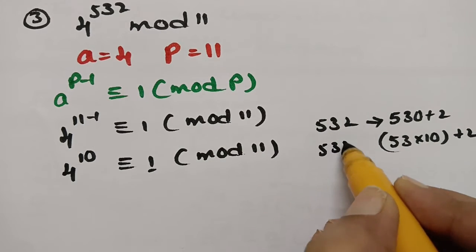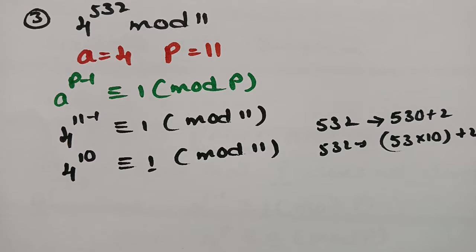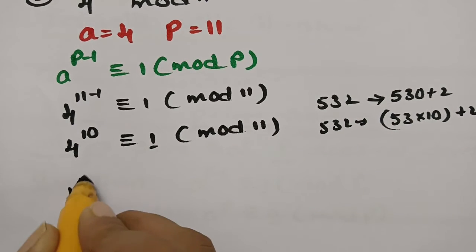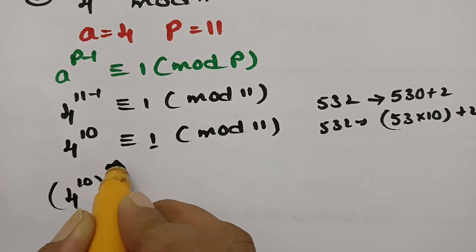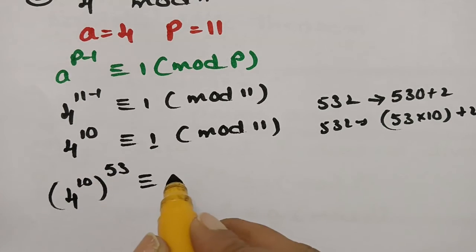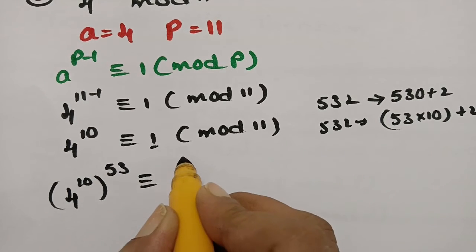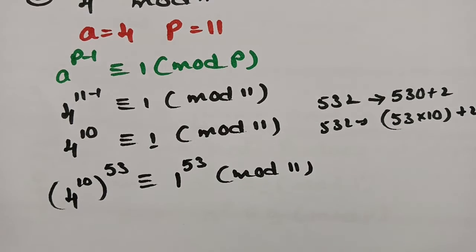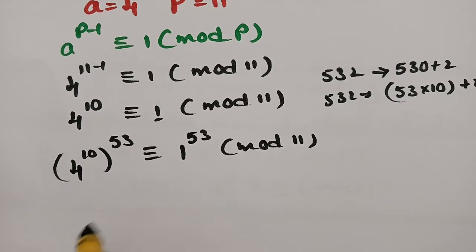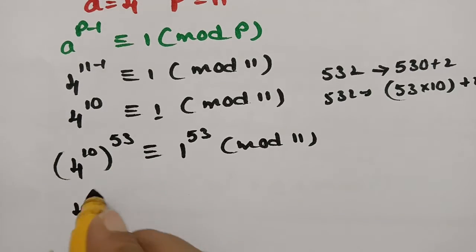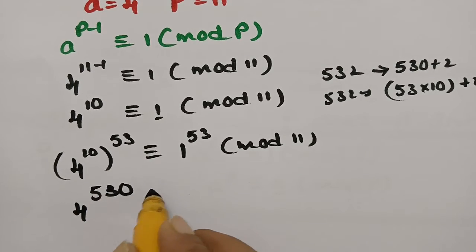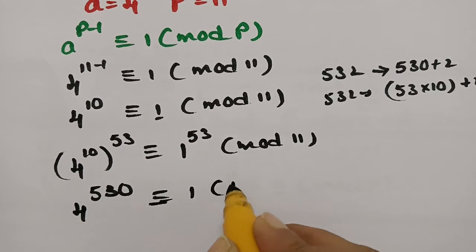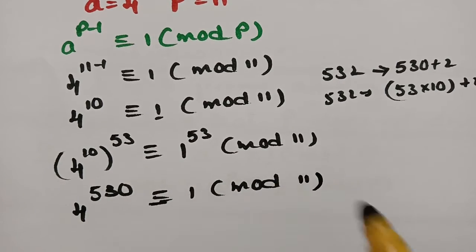We already have 10 as a power, so I am raising the power to 53 on both sides, modulo 11. If I multiply, this will be 50 into 10, this is 530, congruent to 1, since 1 power anything is 1. I am leaving it as it is, modulo 11. Clear?